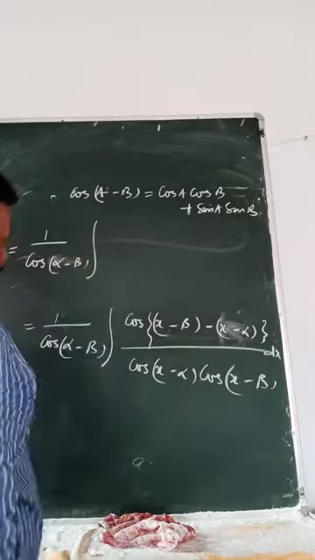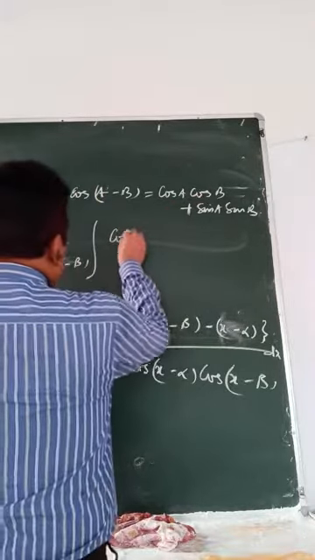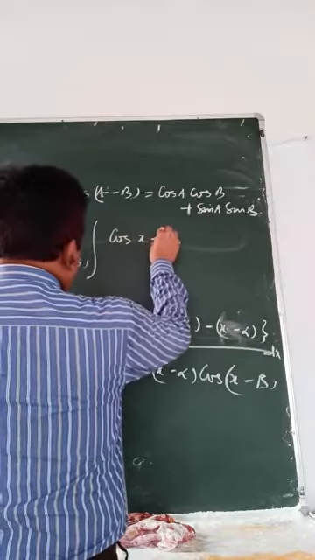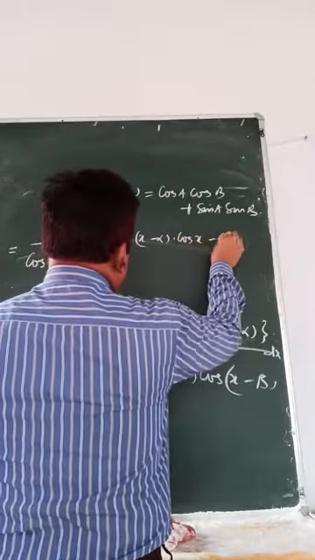Okay, look, cos A cos B, that means cos x minus alpha cos x minus beta.